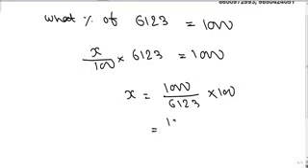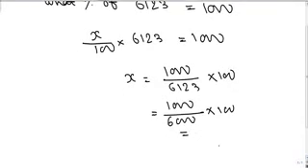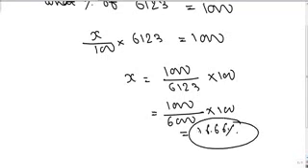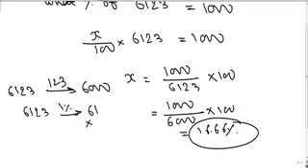How we do it is we get 1 by 6, which is 16.66%. But we have made 6123 into 6000. We have reduced by 123. 6123's 1% is 61. 2% will be 122.